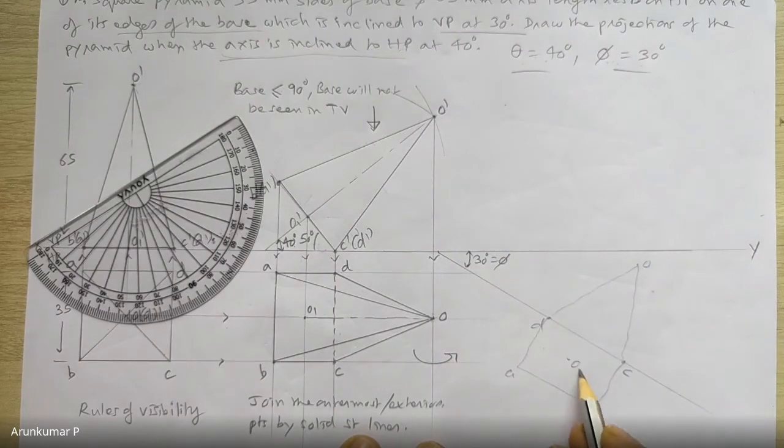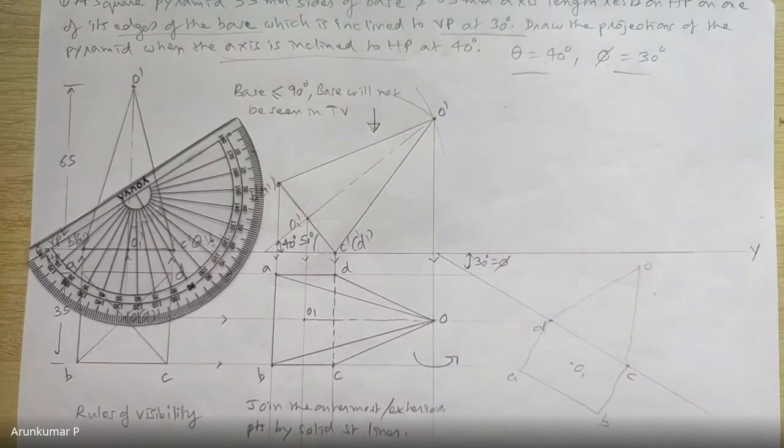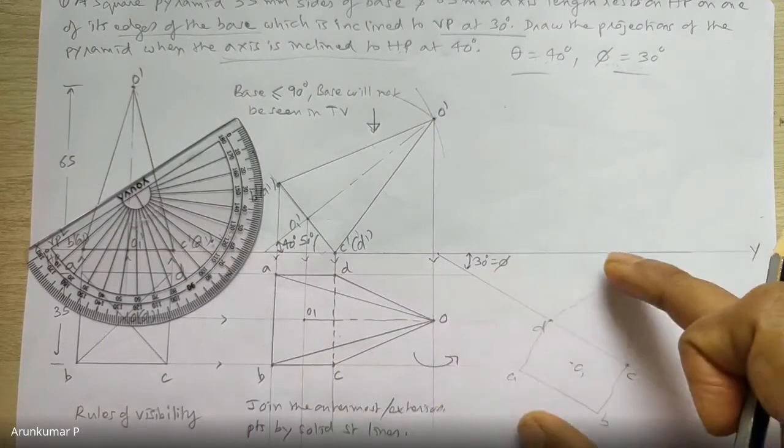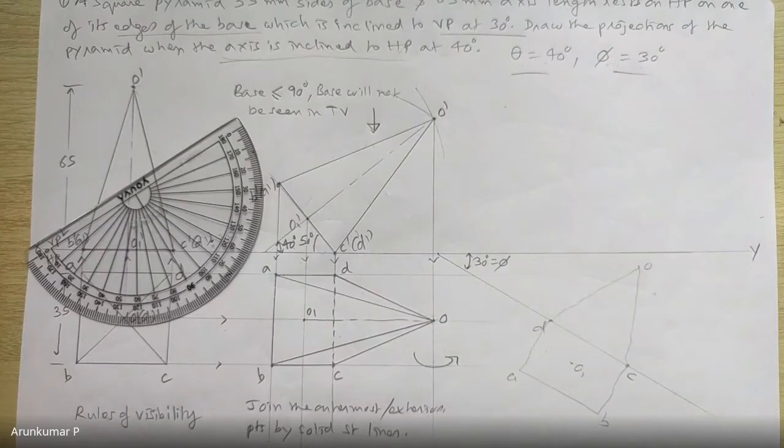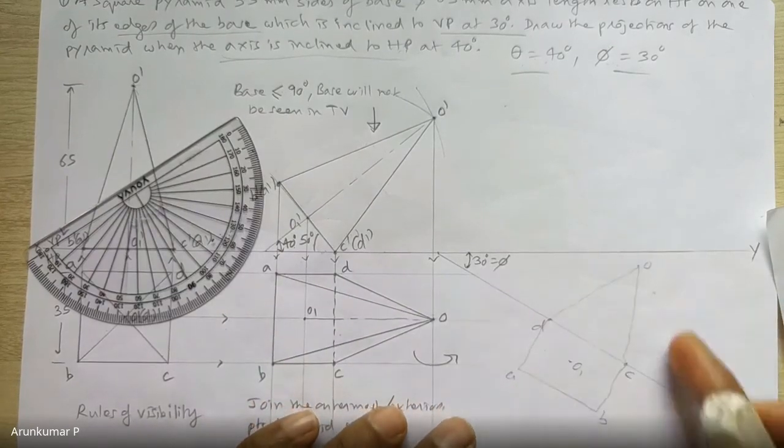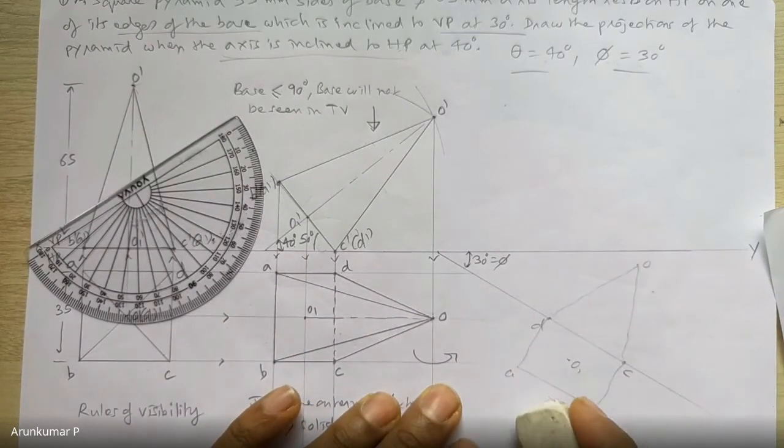And somewhere at the center, you'll get O1. This is a rough shape. So I'm rotating in the anti-clockwise direction. Keeping this as a reference, start drawing.